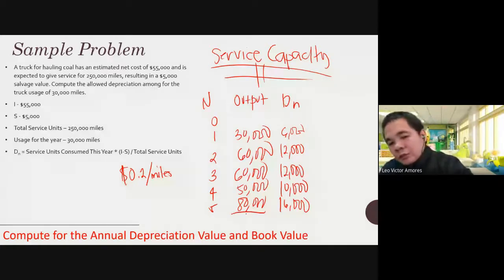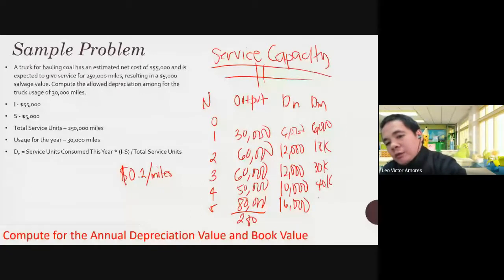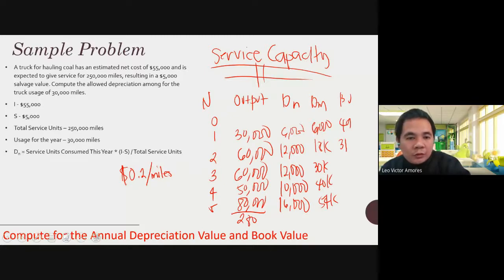So this is equivalent to 280. Your DM. So this is 6K. This is 18K. 30K. This is 40K. And this is 54K. Your book value, 49. 49 minus 18, that is 31 minus wrong book value 49 minus 12 eh.